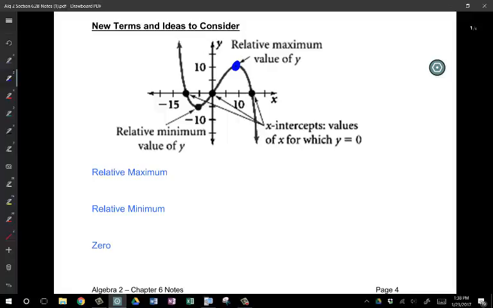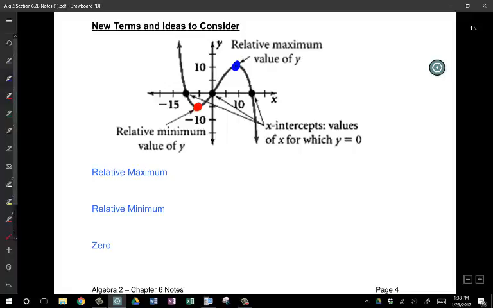Okay? And then change colors and put a dot down here at the bottom of that valley. And that's called a relative minimum, meaning it's the bottom part of a certain section of the graph. So we have a relative maximum, a relative minimum.